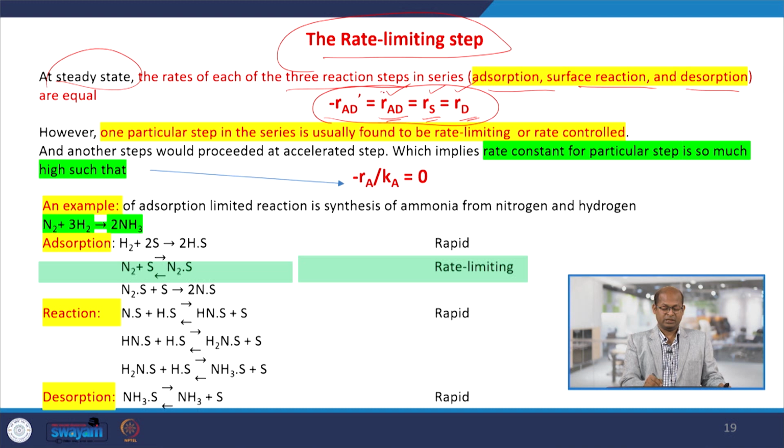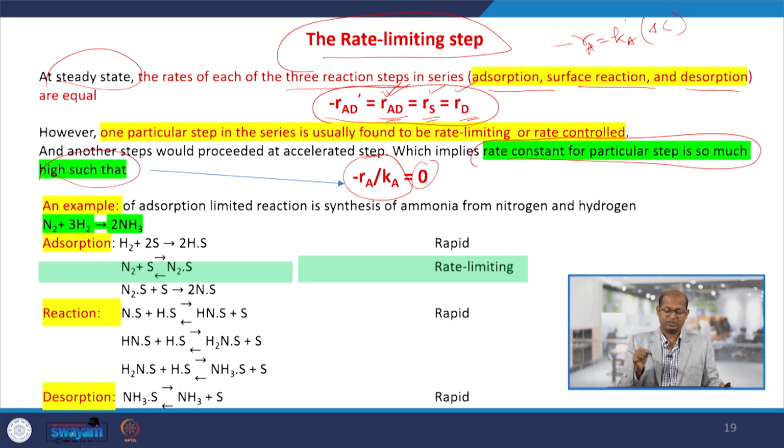If we consider one particular step as the rate determining step, the rate limiting step, the rate controlling step, then what would happen? The rate constant would be very high for this reaction, so high that RA minus Ka equals 0. We can write the rate this way: minus R equals Ka into some concentration difference.